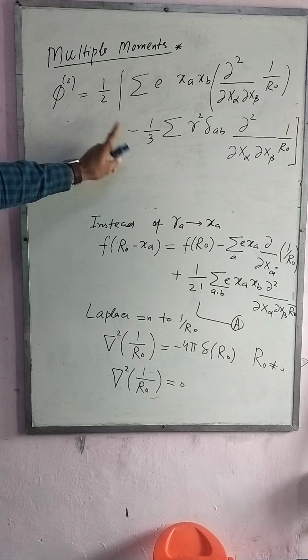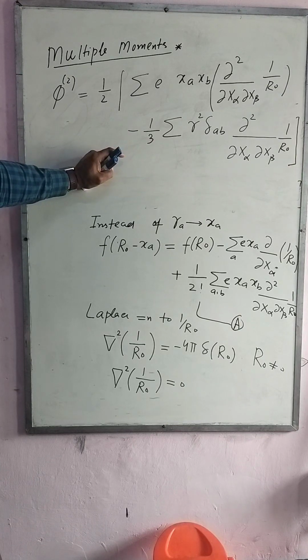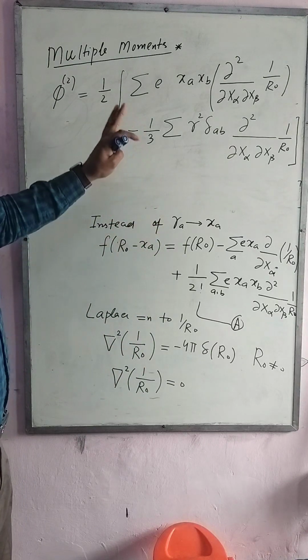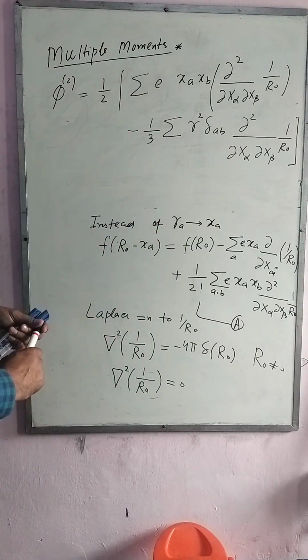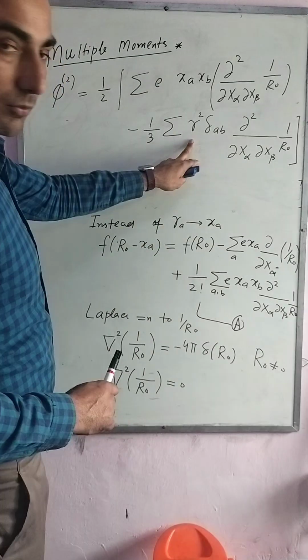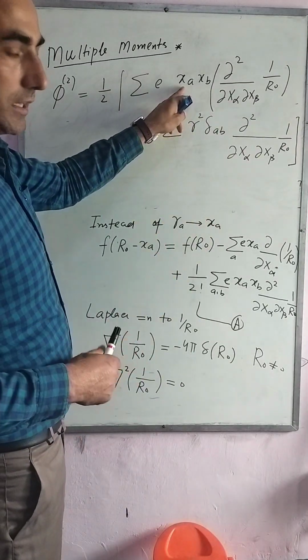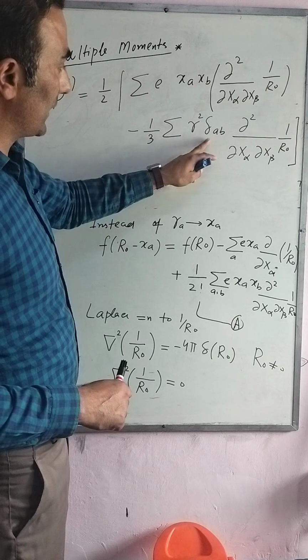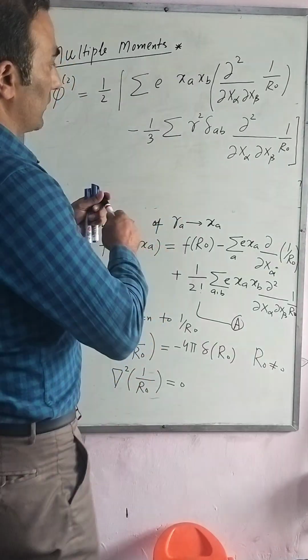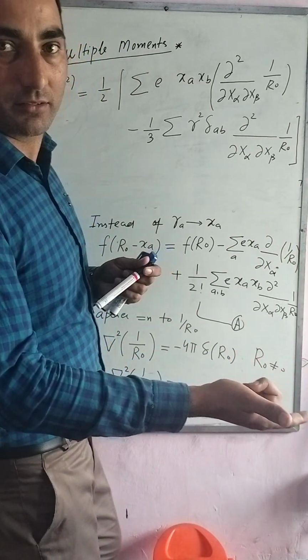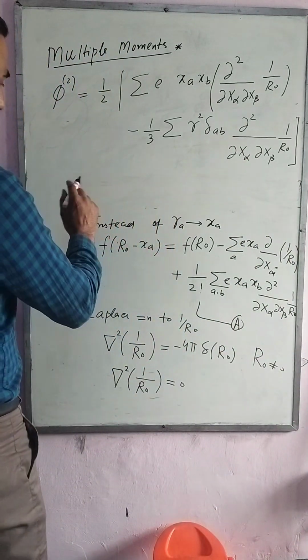If you multiply by this, this is 1 by 6, that's 1 by 3 factorial. So it is another higher term that I'm taking here. So let's combine these two terms, right? And this r square, remember, is basically you are getting that square of x square, right? So instead of that, I can write r square, and this delta AB is nothing but partial x upon partial xb, right? So let us rewrite this term.